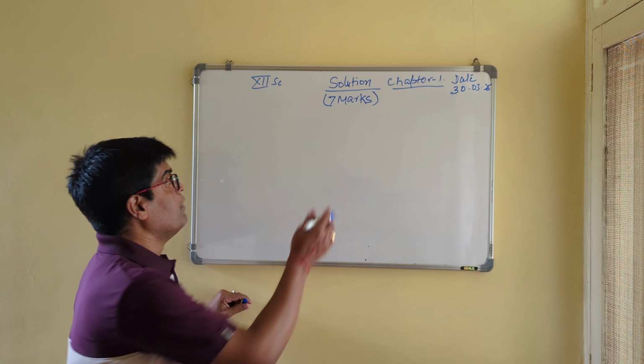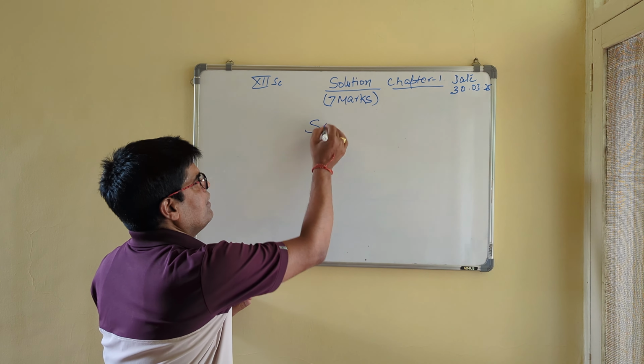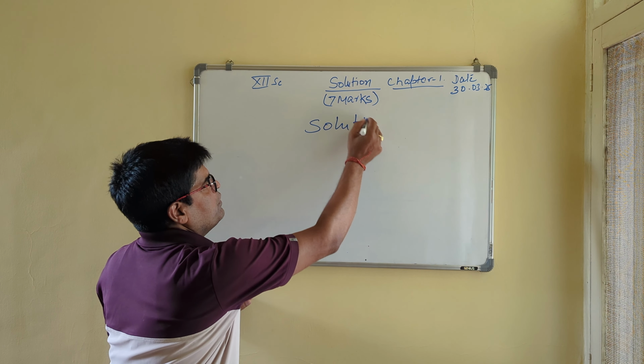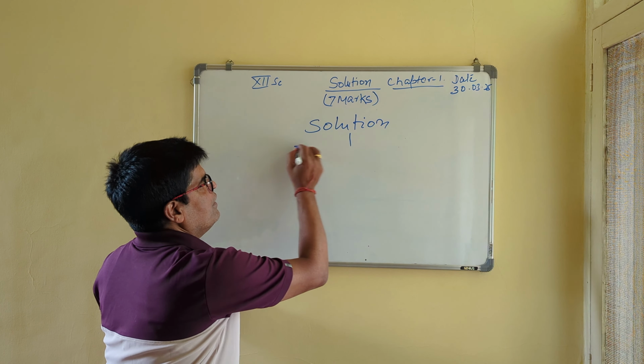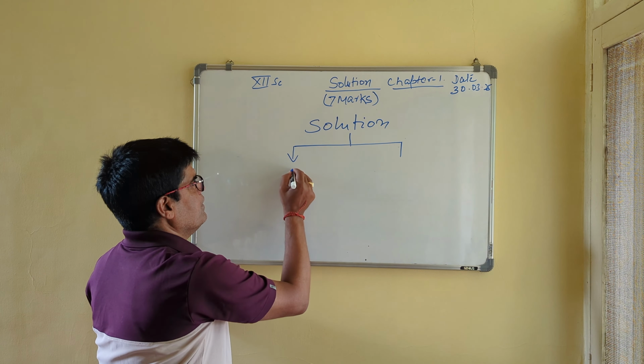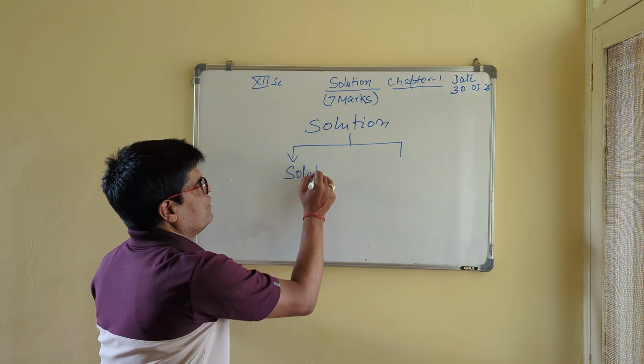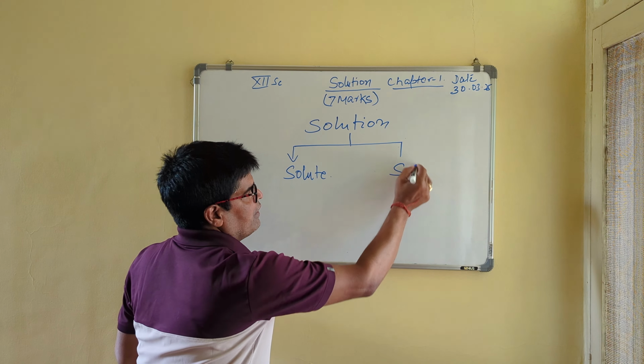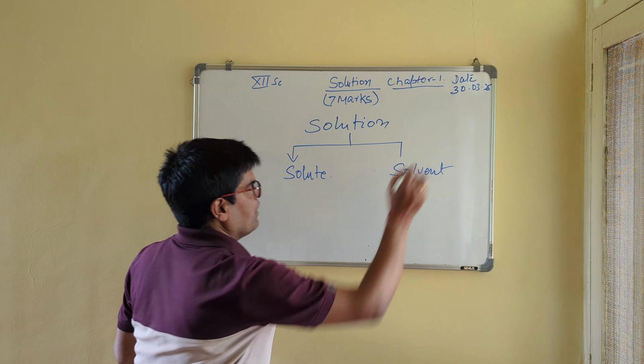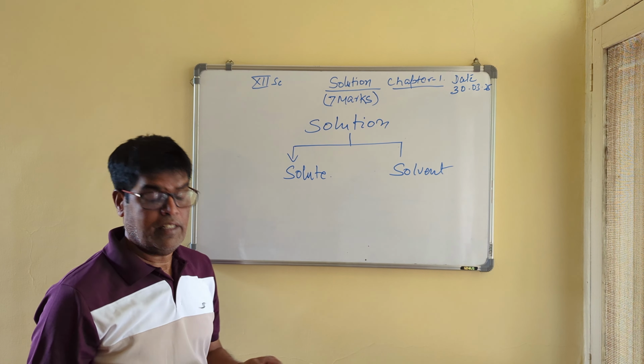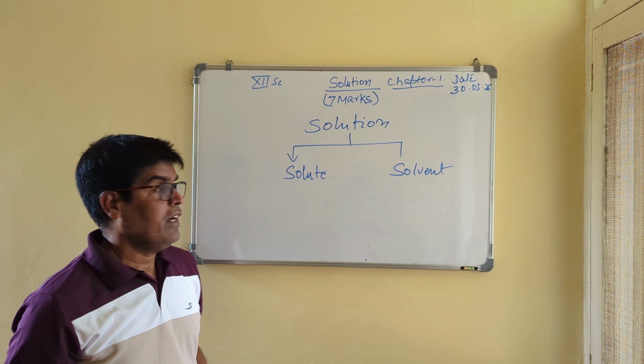So first of all, what is a solution? A solution is made up of two things, solute and solvent. What is solute? Solute is the component that is less in amount in the solution.